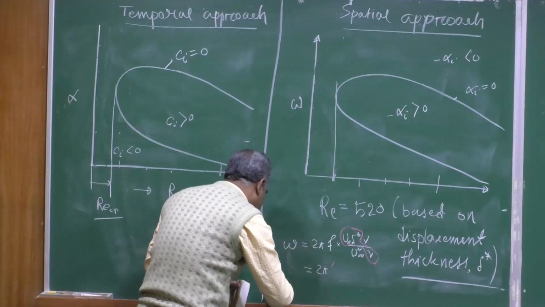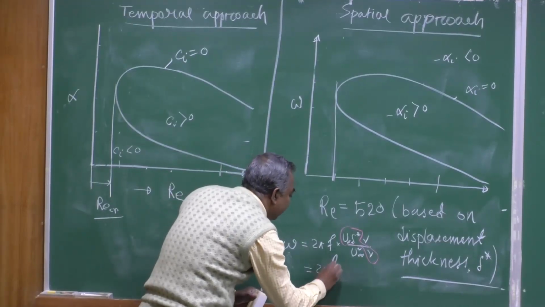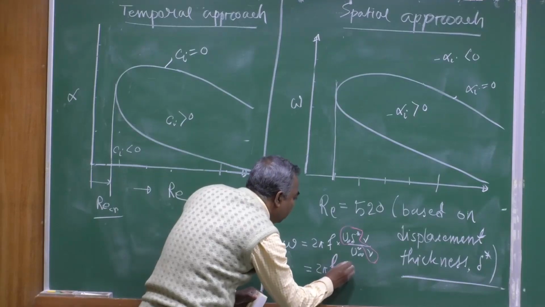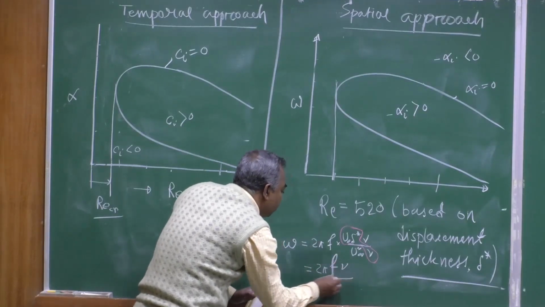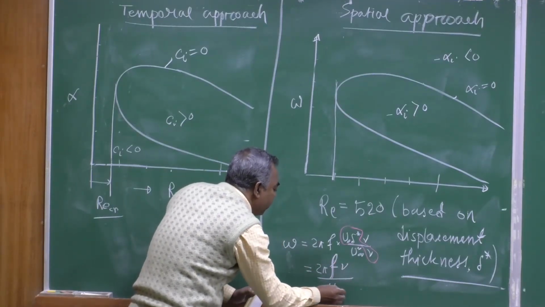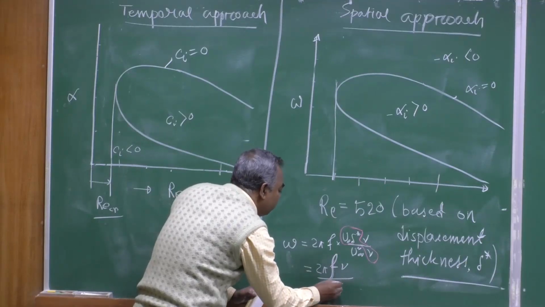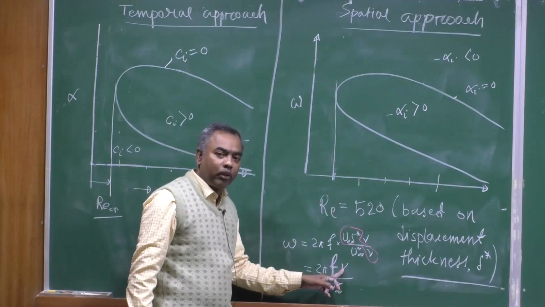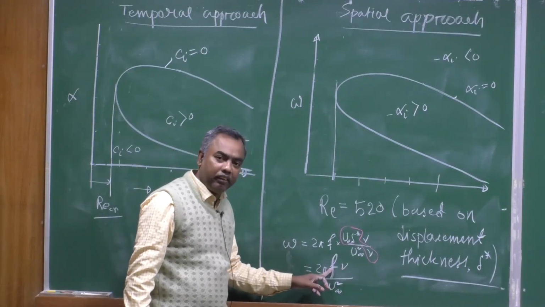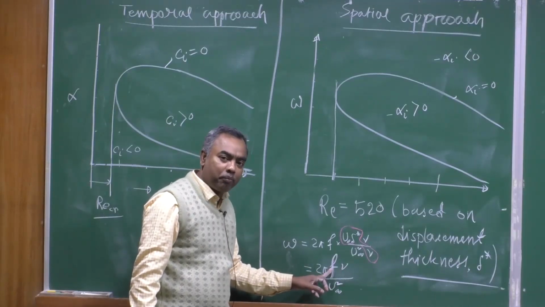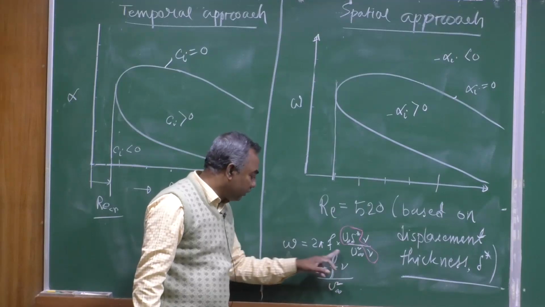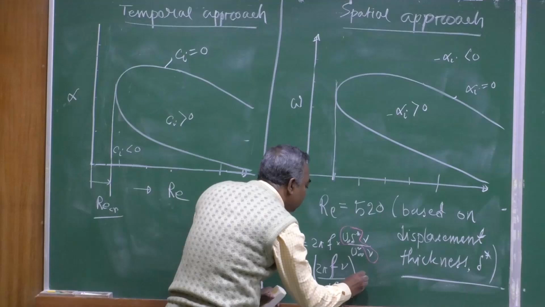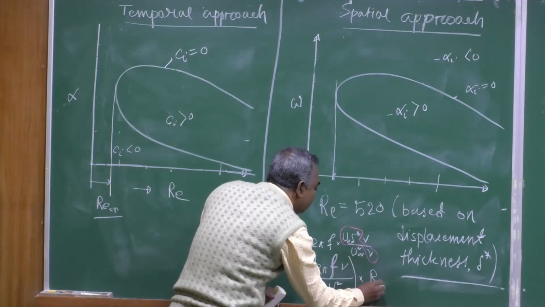So, this is f into nu divided by U infinity square, which is also non-dimensional, right. This is meter square per second, 1 by second, so meter square per second square, meter square per second square. So, this is also non-dimensional. So, you see, into this is Re.